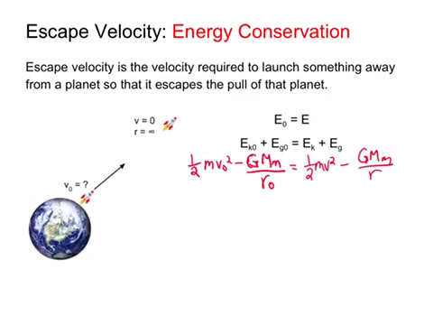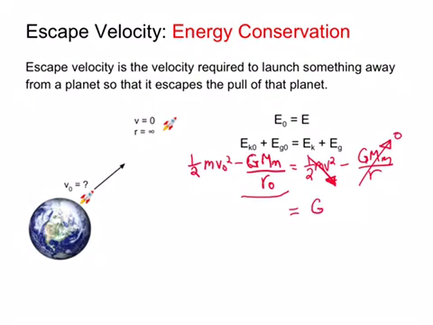Now here, since the final distance is infinity, this term here goes away, because anything divided by infinity is 0 if you know your limits. And also we required no extra KE, or no extra velocity, so this expression here also becomes 0. Now, cleaning things up a little bit, I'm just going to move our initial potential energy term over to the right-hand side by adding.